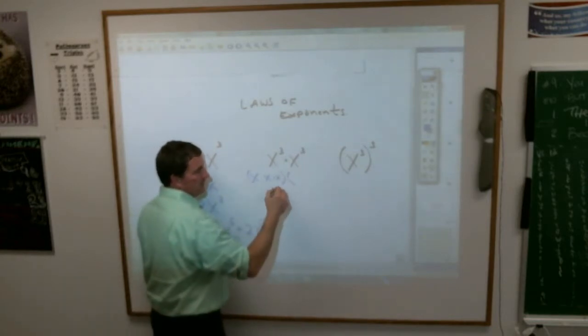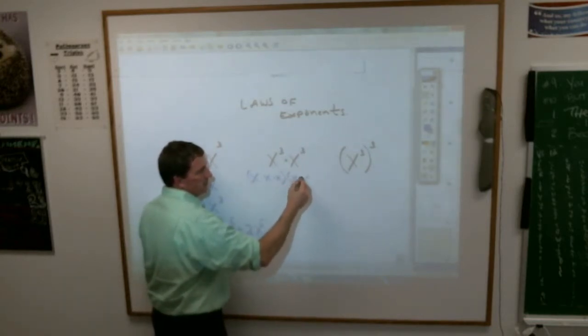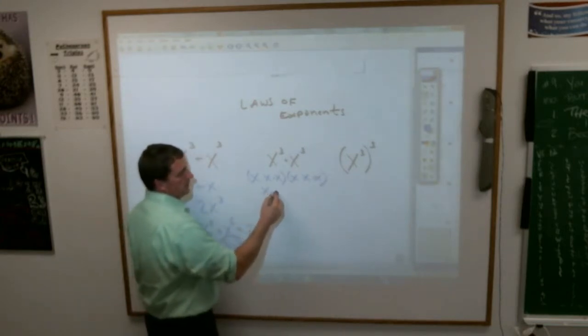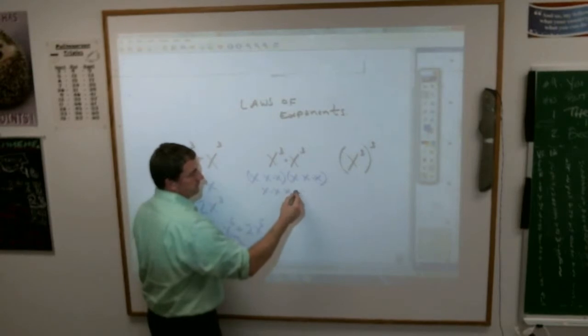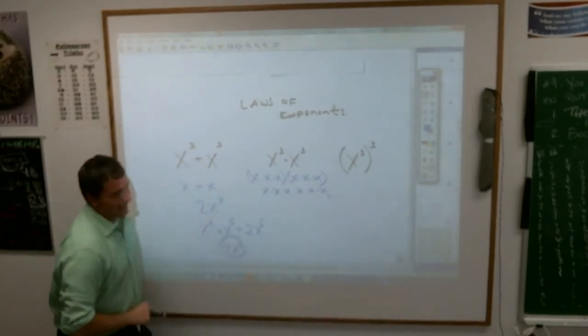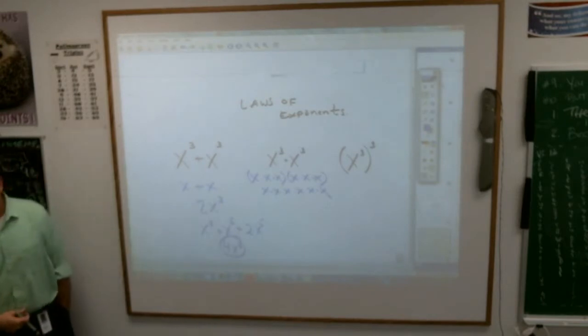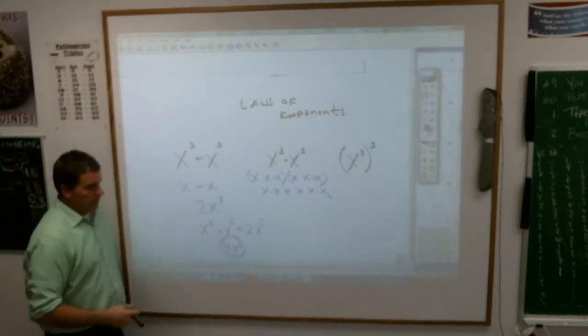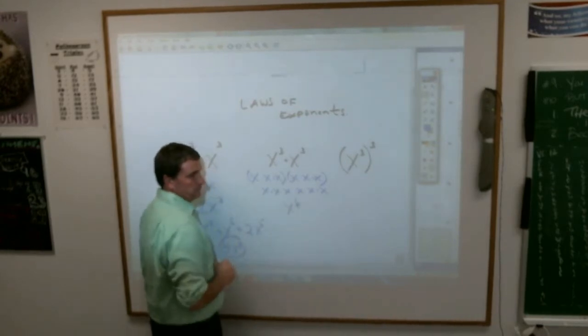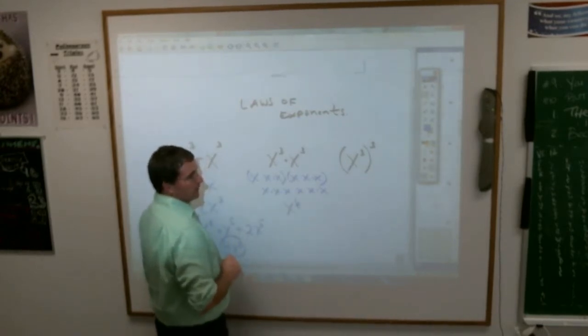Well, if I'm multiplying 3 x's times another 3 x's, without parentheses it would look like this. Guess what I get? X to the third times x to the third, Logan, is x to the 6th power.